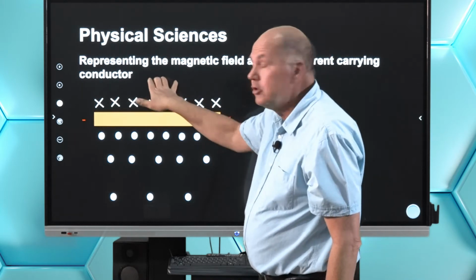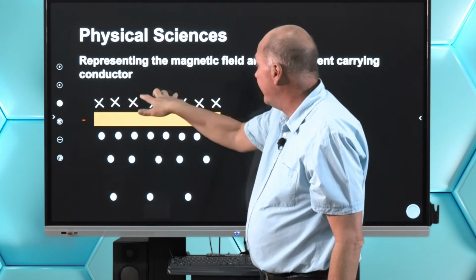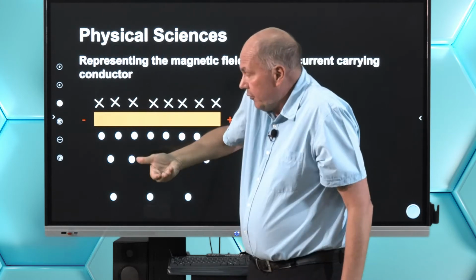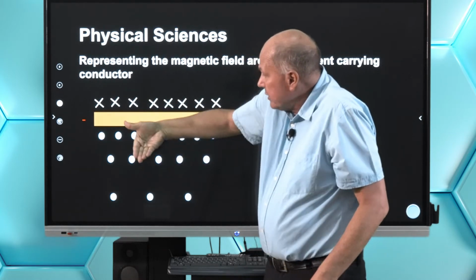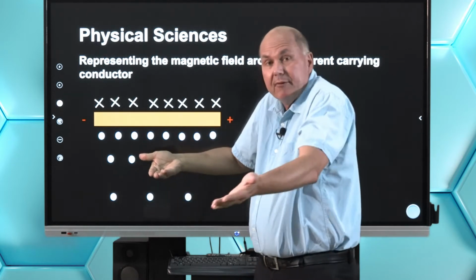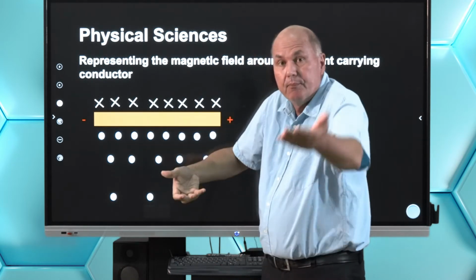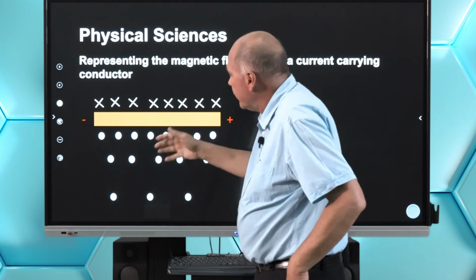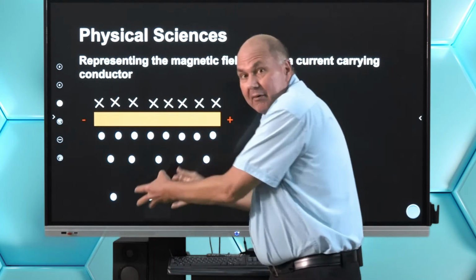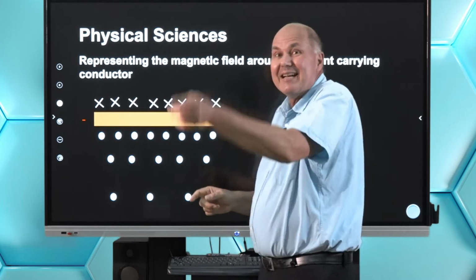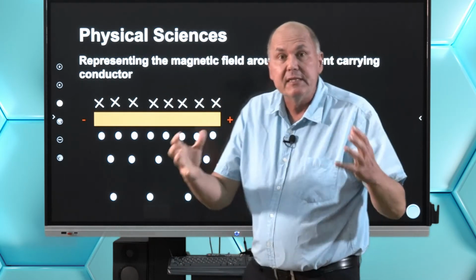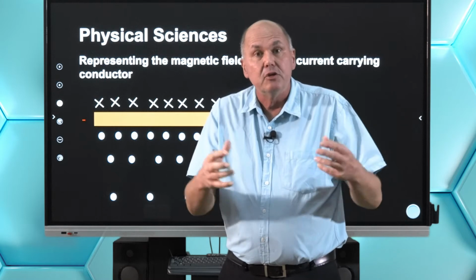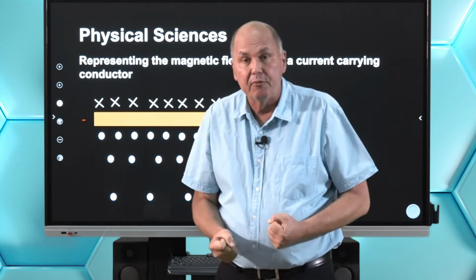They're going into the board over here. That's why there are crosses there. Whereas on this side, as I'm pointing in that direction, can you see my fingers are coming out of the board, and the dots indicate the direction of that field. So it's that circular pattern that we've seen before in terms of where the magnetic field is.